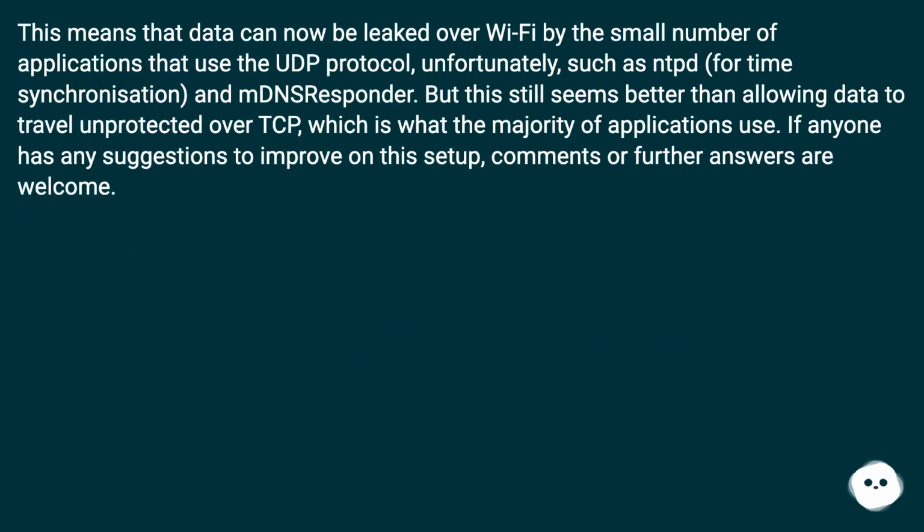This means that data can now be leaked over Wi-Fi by the small number of applications that use the UDP protocol, unfortunately, such as ntpd for time synchronization, and mDNSResponder. But this still seems better than allowing data to travel unprotected over TCP, which is what the majority of applications use. If anyone has any suggestions to improve on this setup, comments or further answers are welcome.